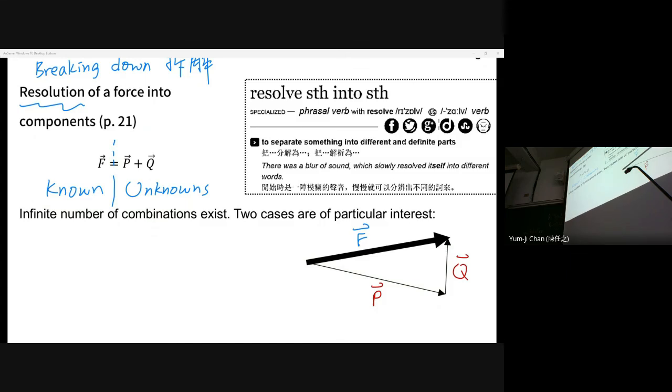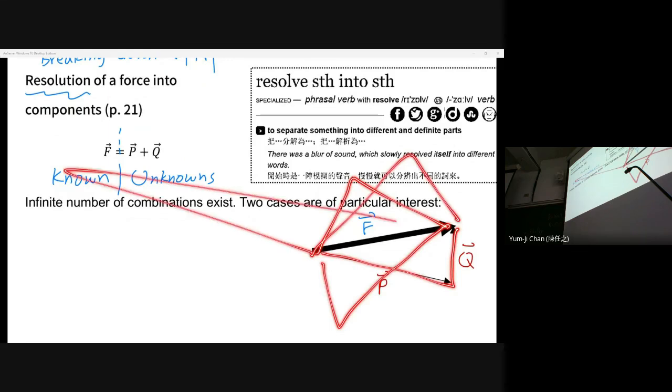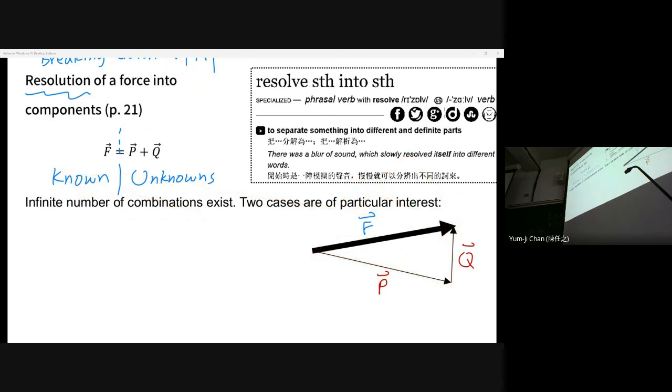Many ways, right? This is one way, and this is another way, and this is another way. We can break a force into two components in many ways.